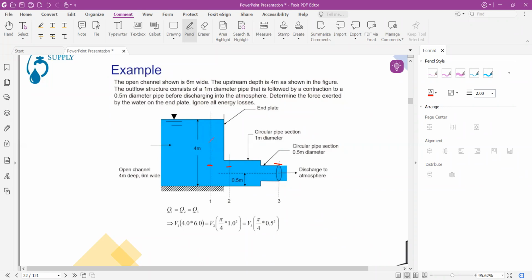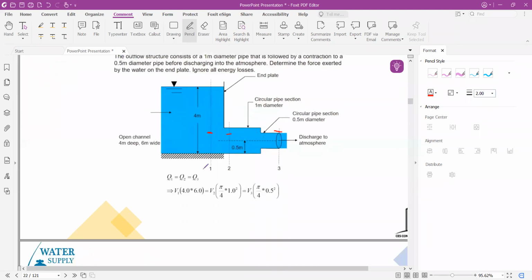When the fluid flows through all these sections, the areas vary, and as the areas vary, the velocity also changes. Just by checking the variation of these cross-sectional areas of the pipes and the reservoir or open channel, we get this equation. We just consider it as equation 1.